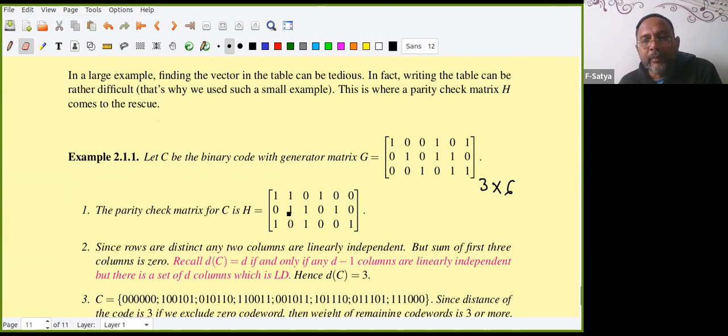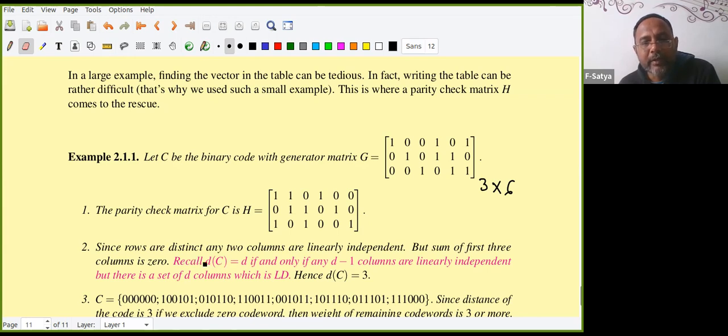But now the sum of these 2 will give me another vector. So these 2 will give me this vector, so there are three linearly dependent vectors. So the distance is less than or equal to 3, hence the distance equals 3. This will tell the distance of the code. I'll prove it in the next class.